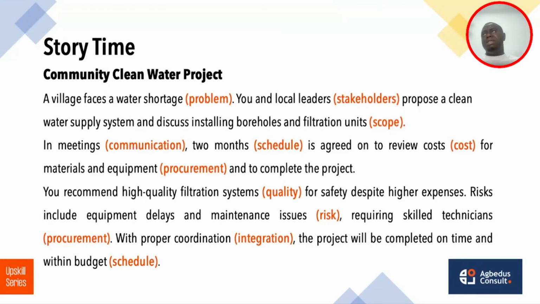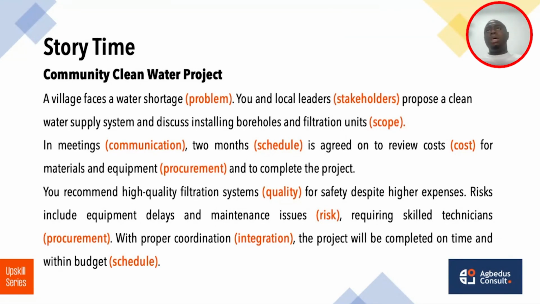When I say a business need, like in your company, you realize that people keep coming to office late, so you embark on a project where you can record the time people come to office. That is the business need, to create a system that will record the time for people. Or you want to create a value. Like in this story, they wanted to create a value for the villagers where they can have adequate water. So a project stems out of a problem, or a business need, or a value that you want to create.